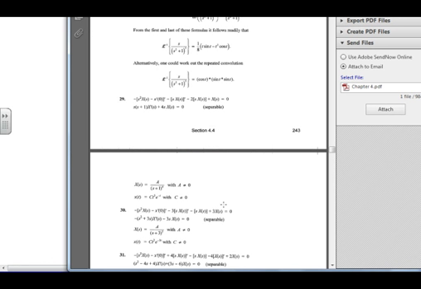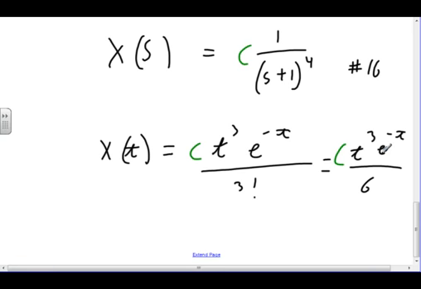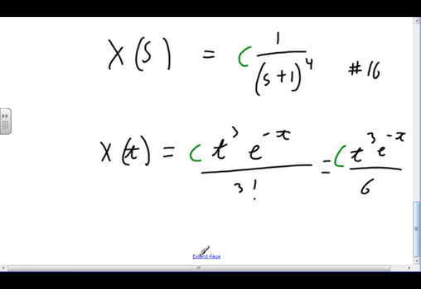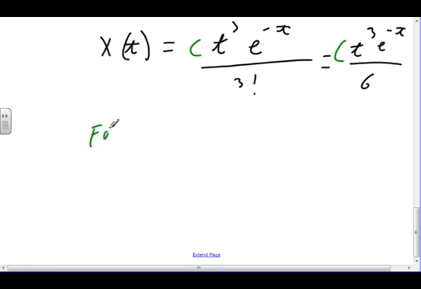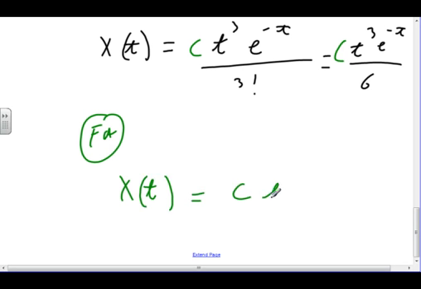He's got a C sitting there as well. But the C absorbs the 6 now. So final answer, x of t is c t cubed e to the minus t, because that 6 becomes part of the C. Okay.